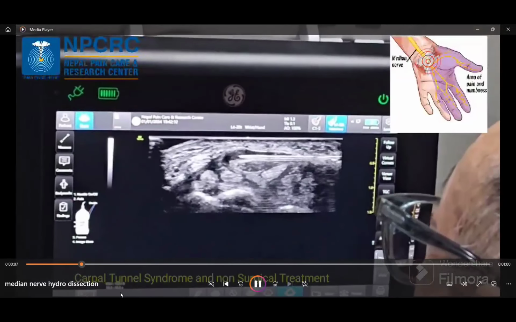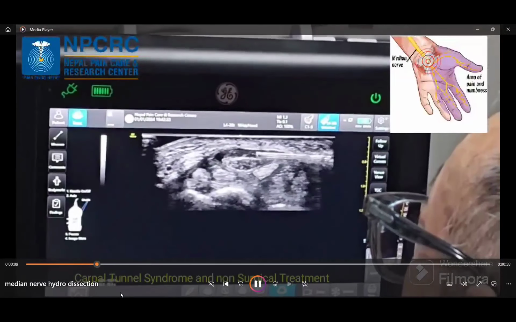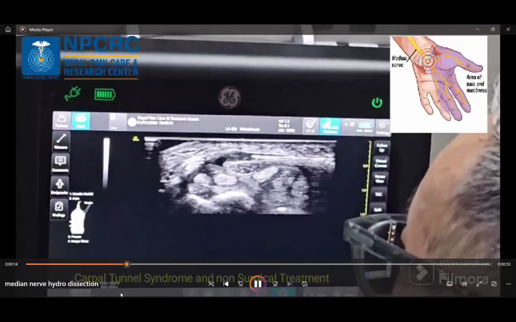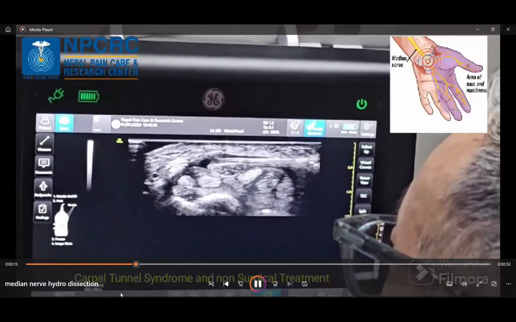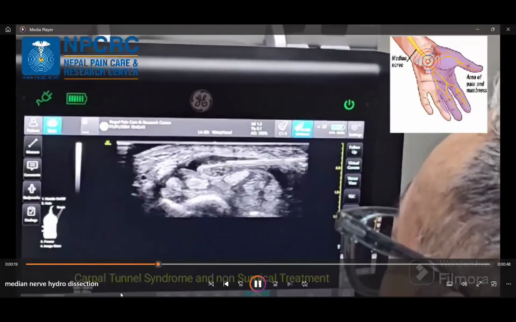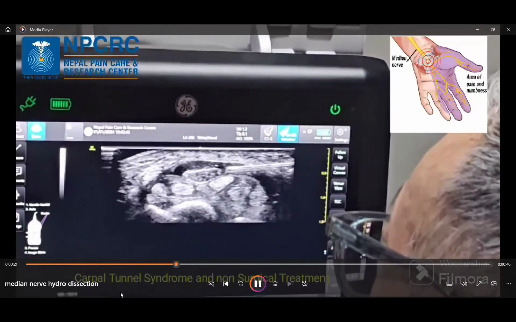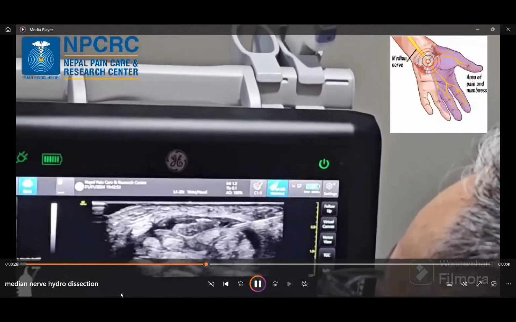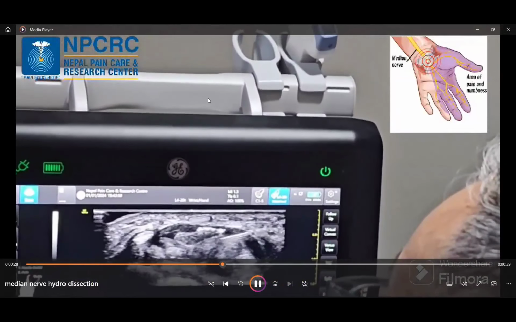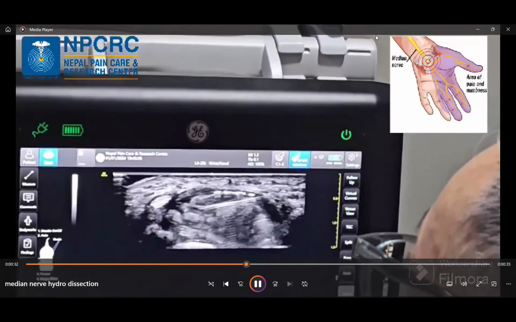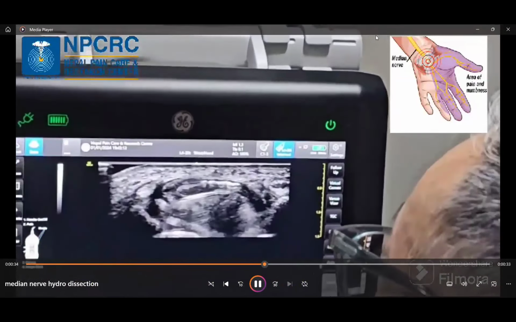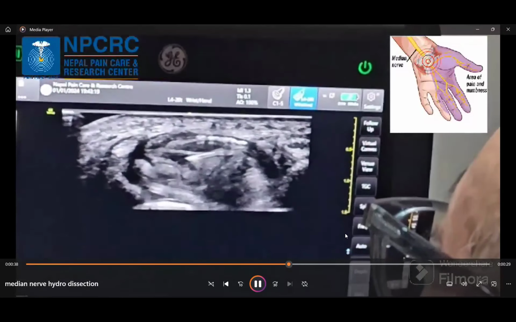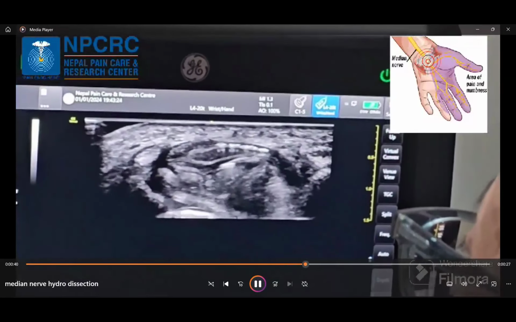Look how I'm dissecting. I'm putting my needle above the median nerve and slowly injecting 5% dextrose from above. Now I'm going below the median nerve. Can you see? This is how we do hydrodissection of the median nerve. I'm using 5% dextrose here.